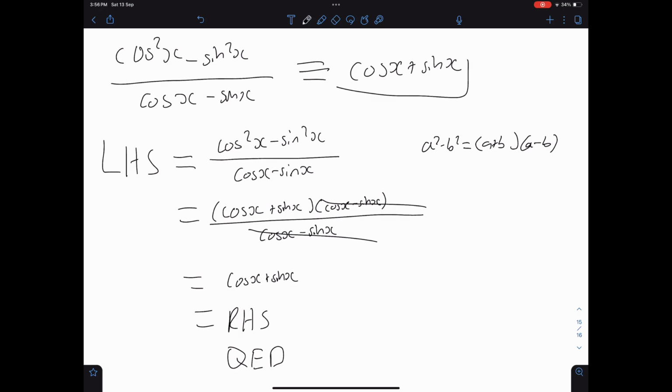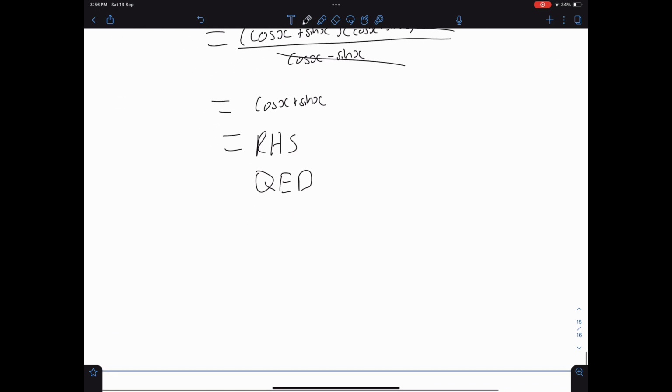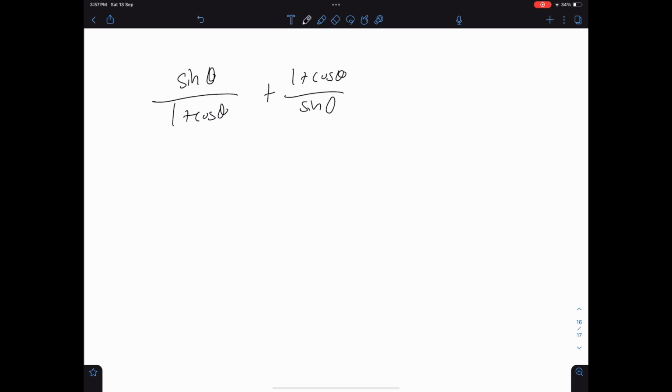Now, sometimes you could get given an identity, you have to prove it, and then you use it to solve an equation. For example, sine theta over 1 plus cos theta plus 1 plus cos theta over sine theta is equal to 2 over sine theta.